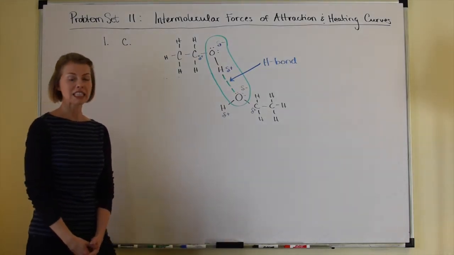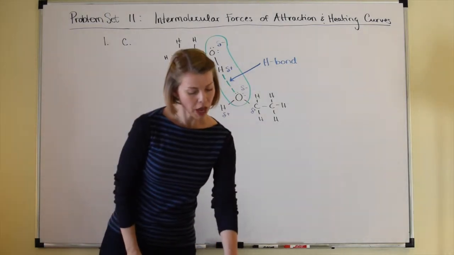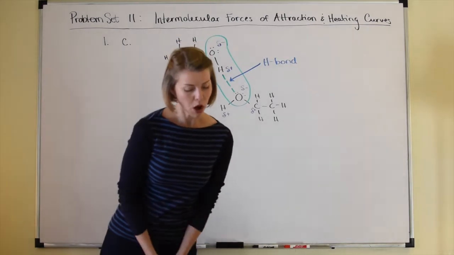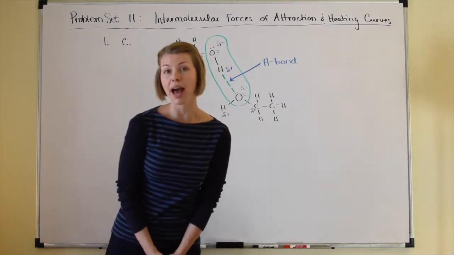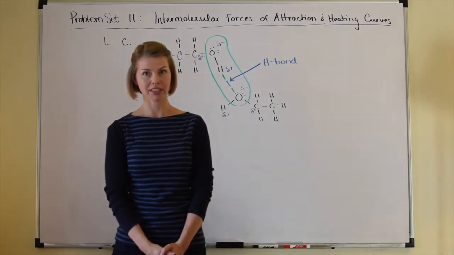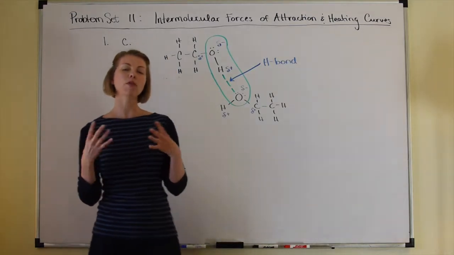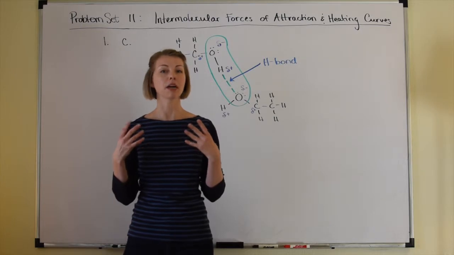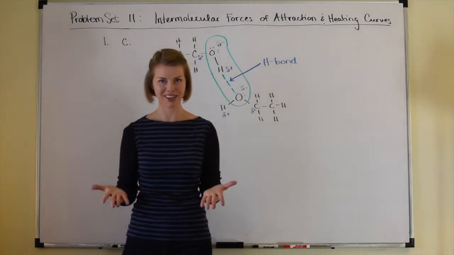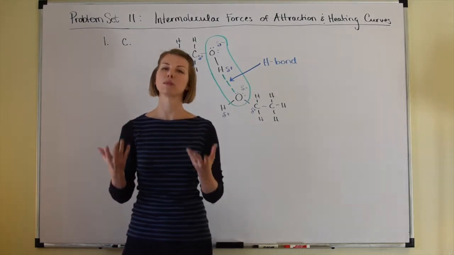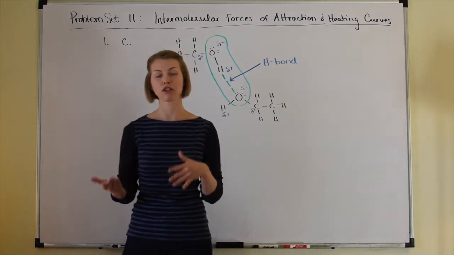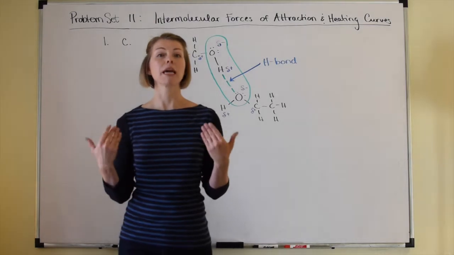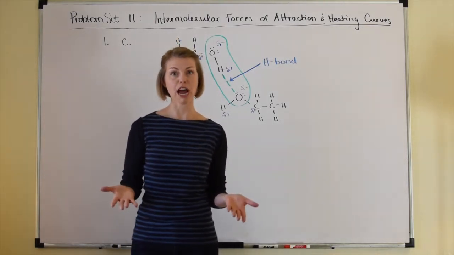All right, let's go on to part D. Which substance, meaning either the ethanol or the dimethyl ether, do you expect to have the higher boiling point? Okay, so both of these molecules are polar. So they both have the London dispersion force of attraction, because everything does, whether it's polar or nonpolar. But they also both have the partial positive and partial negative charge buildup in the molecule that makes them capable of the dipole-dipole force of attraction.